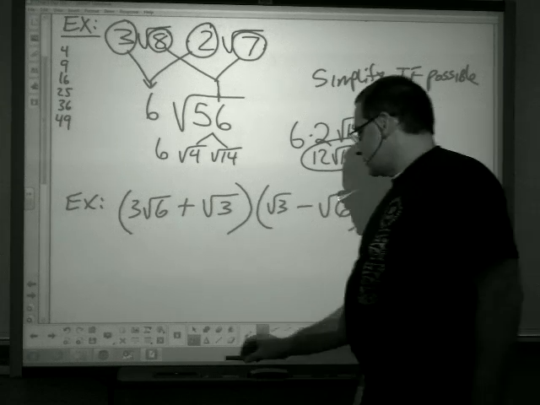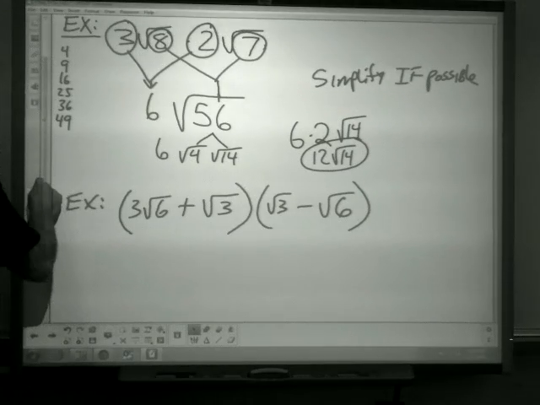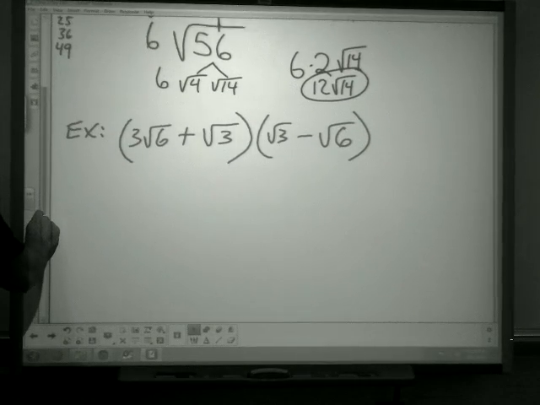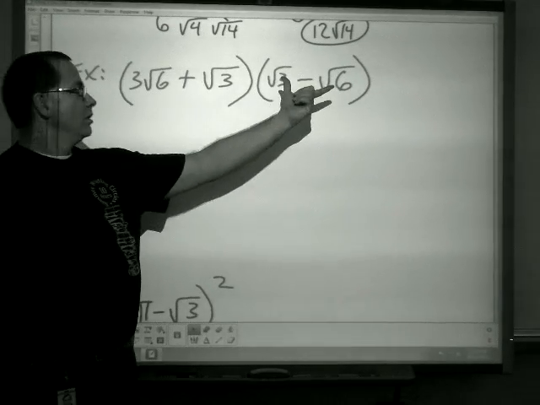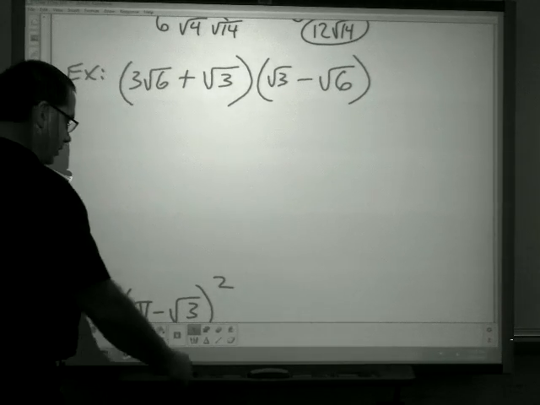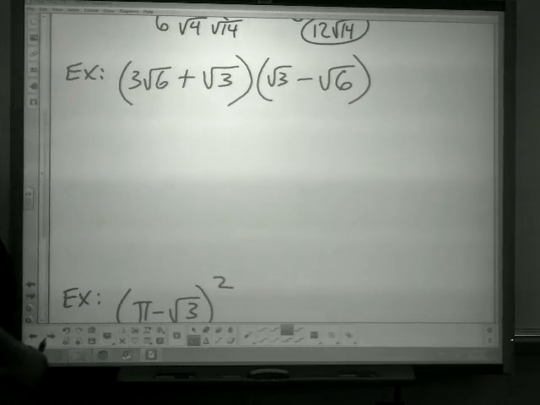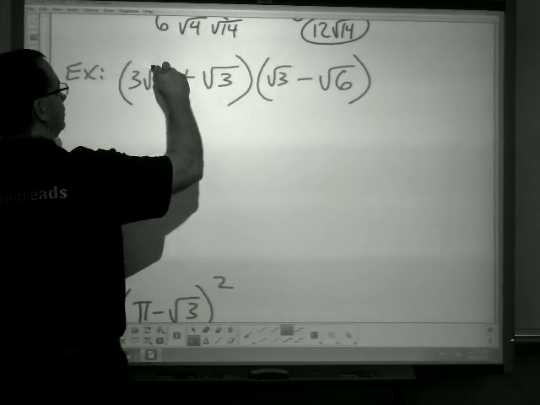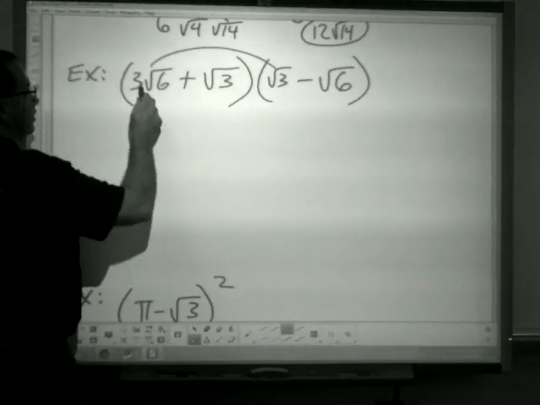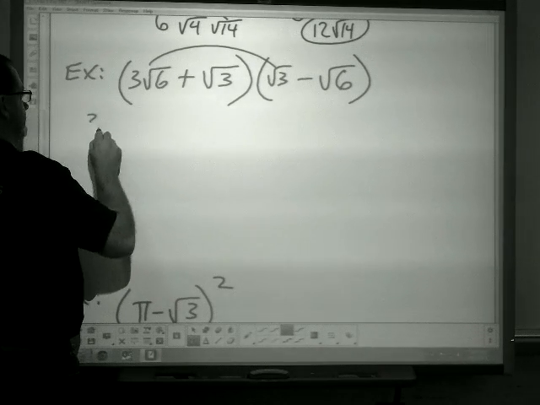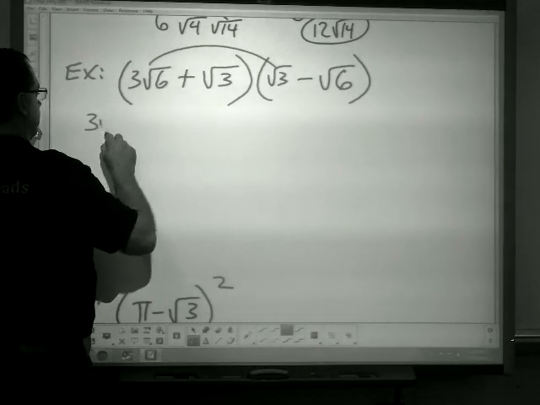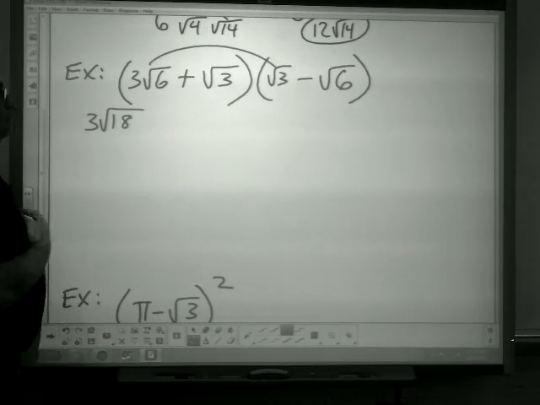Okay? Next, what if we have binomials? All right, so here we have 2 terms multiplied by 2 terms. So if you remember, when we multiply binomials, we need to multiply the first things. So there's a 1 out here that I don't see, so 3 times that 1 would be 3. Radical 6 times radical 3 is radical 18.